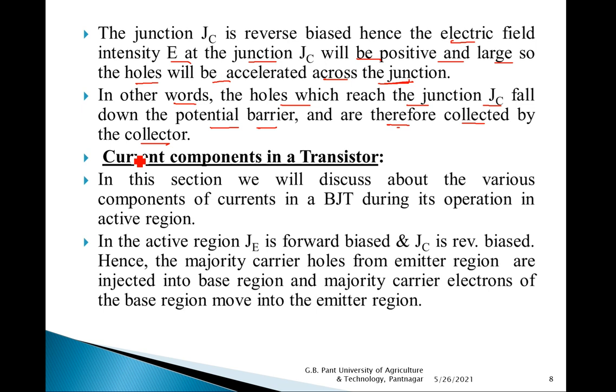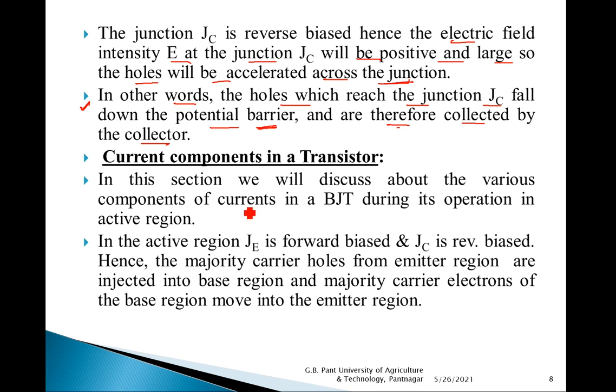What does it mean? It means that the holes which reach the base region get diffused from the base region to the collector through the junction JC. This is actually what happens, and this has been explained through these sentences.